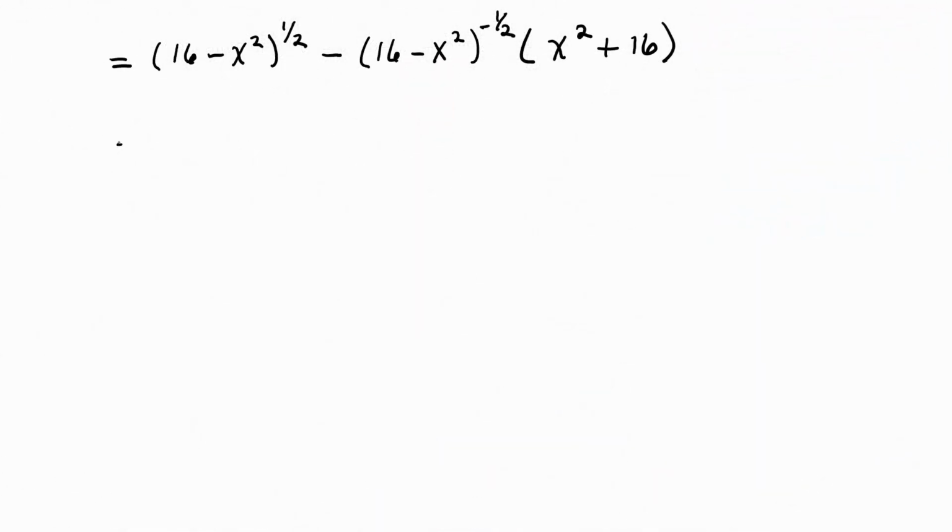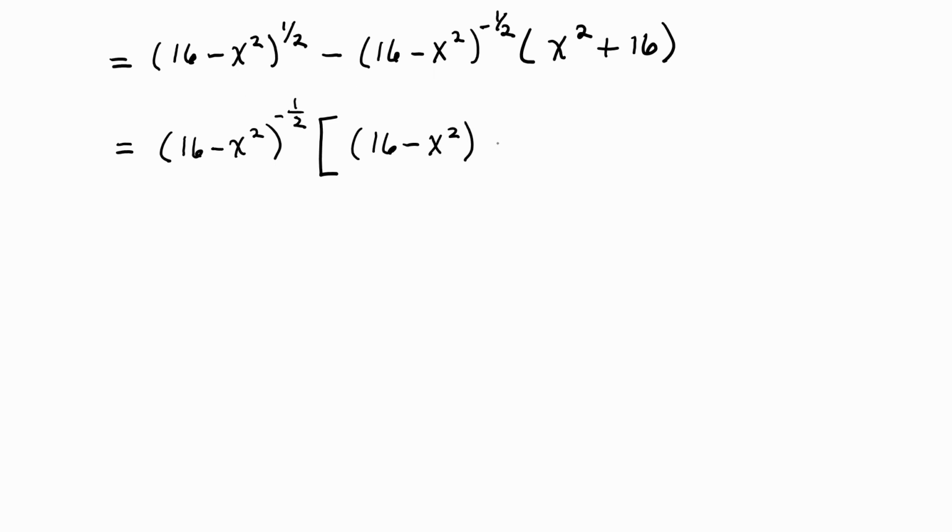Now we can factor out a quantity 16 minus x squared to the negative 1/2 from this first term. We will have a quantity 16 minus x squared to the 1, so we don't need to write that exponent. And double check it. The quantity to the negative 1/2 times the same quantity to the 1 would be that quantity to the positive 1/2.